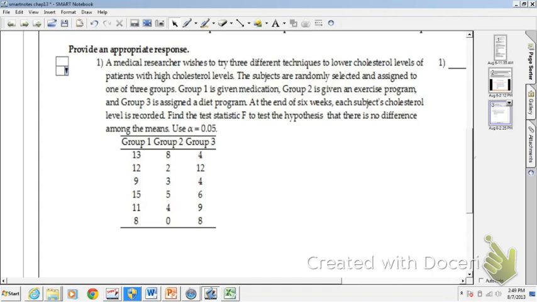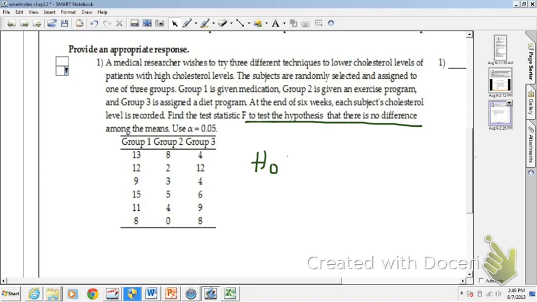The subjects are randomly selected and assigned to one of 3 groups. Group 1 is given medication, Group 2 is given an exercise program, and Group 3 is given a diet program. At the end of 6 weeks, their cholesterol levels are recorded. Find the F-test statistic to test the hypothesis that there is no difference among the means.